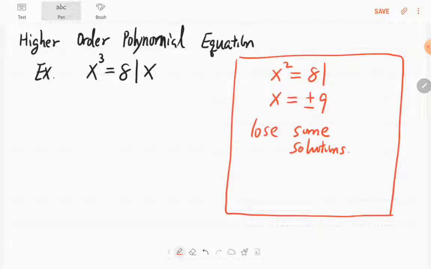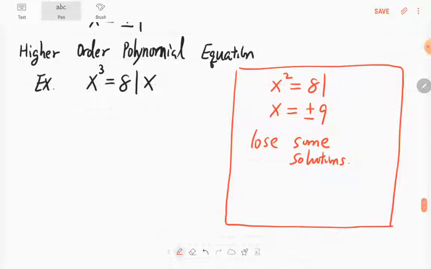However, if you divide by x, then you have plus or minus 9, and we didn't have x equals 0 at last. Why do we lose the solution x equals 0? The reason is that when you divide by x on both sides of this equation, you assume that x is not equal to 0, right?